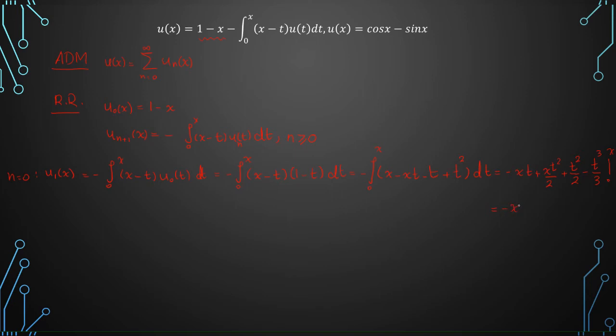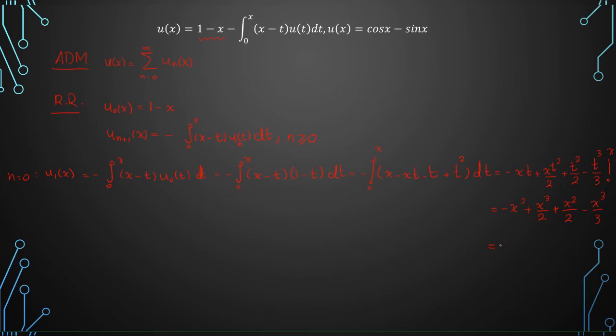Okay, this will give us minus x squared plus x raised to 3 over 2 plus x raised to 2 over 2 minus x raised to 3 over 3. Now we have minus x squared and plus x squared over 2.